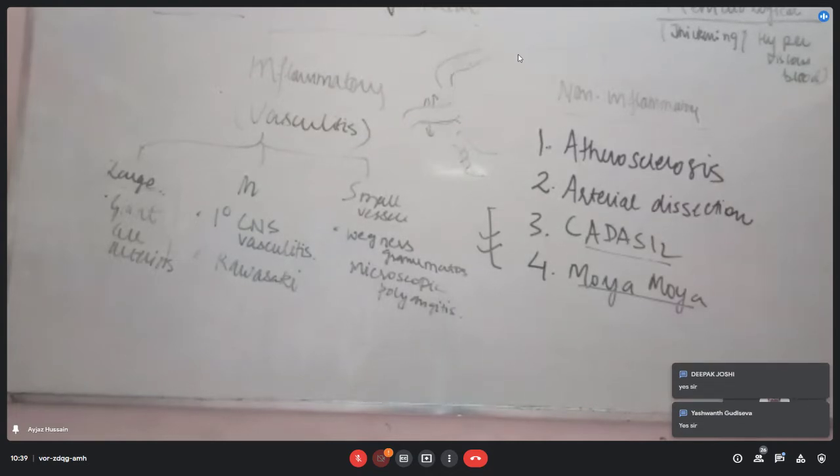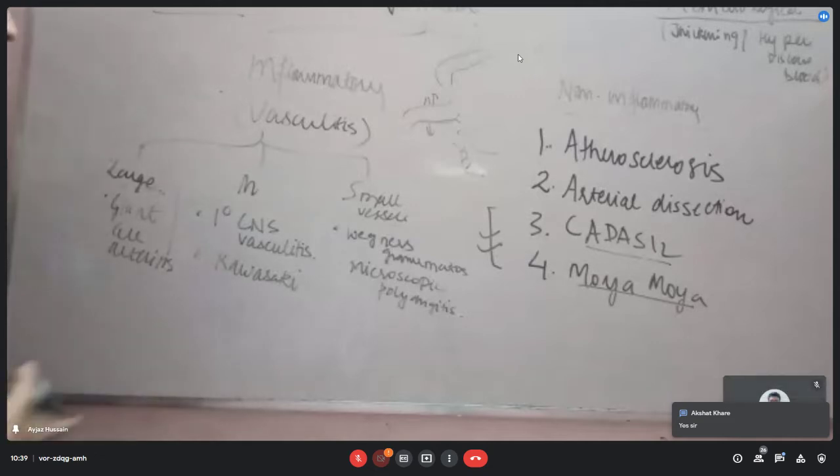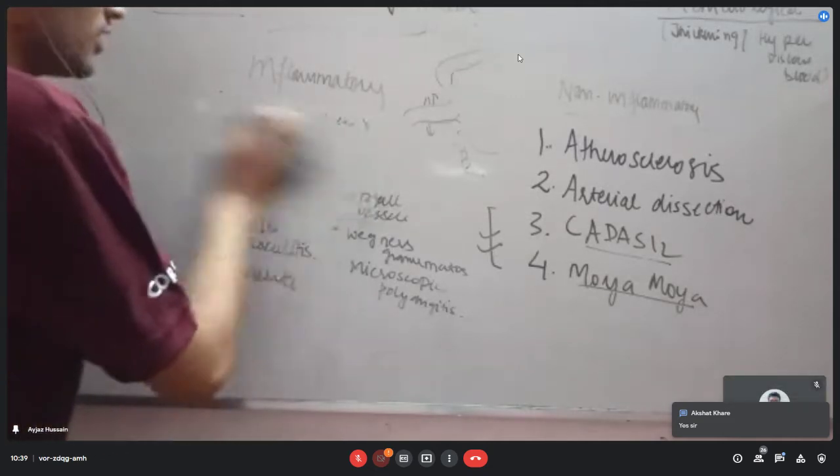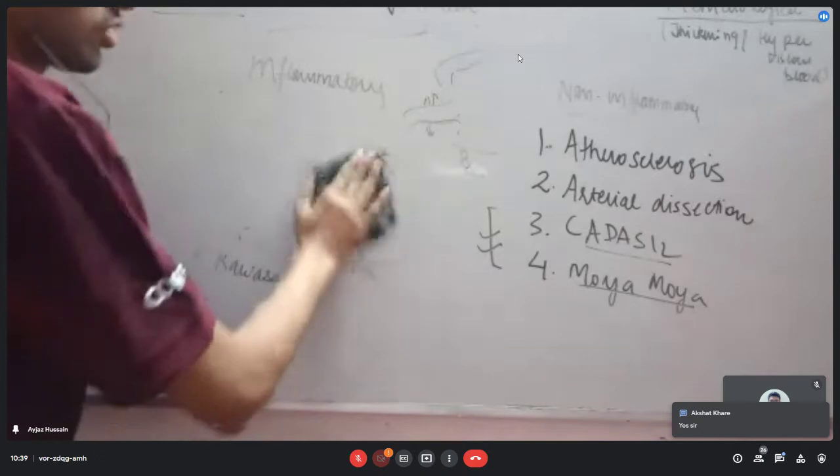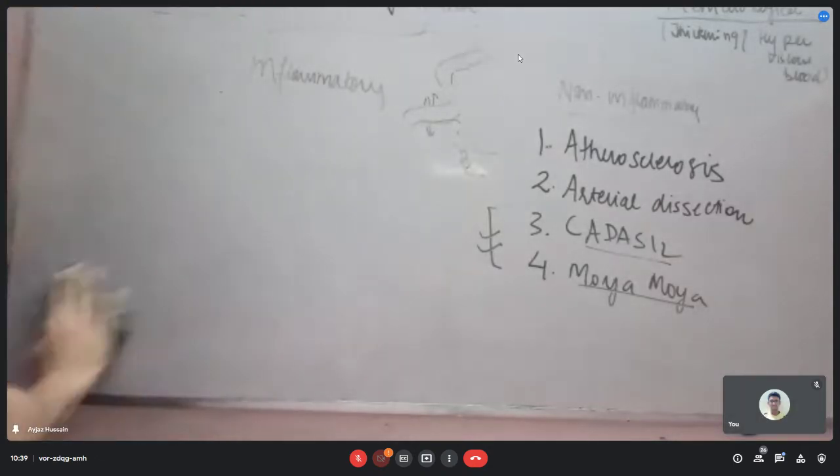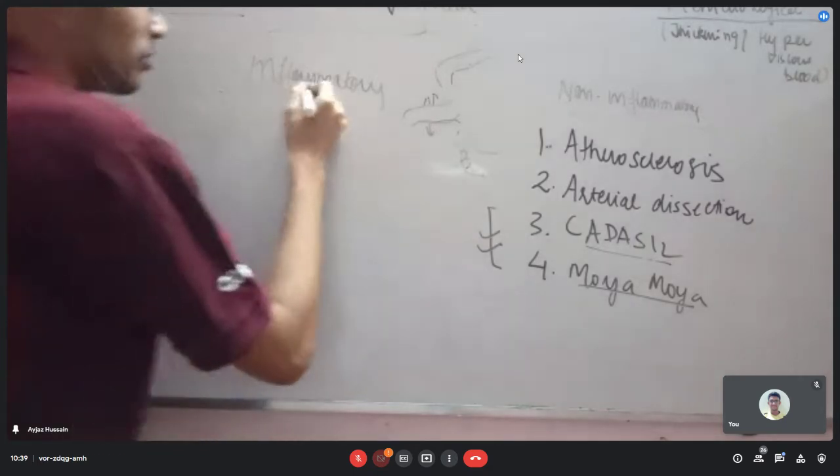Yes, absolutely correct. The reason that has been given in Harrison is this: meningitis directly will never cause stroke because it is involving the meninges. So how can a vascular structure be involved?